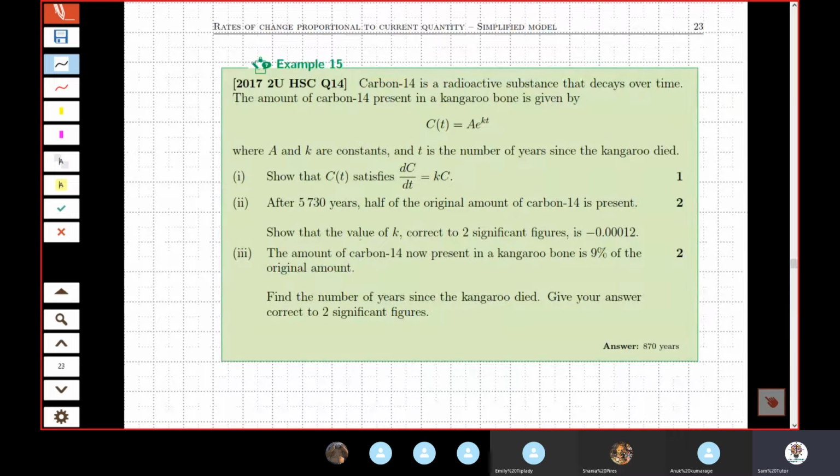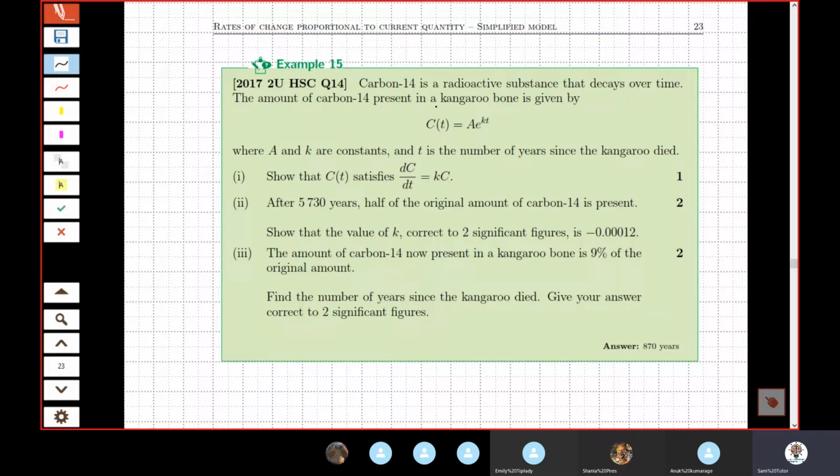Okay, let's read this 2017 HSC question worth 5 marks. Exactly the same. Like I said, don't stress about it too much. Nothing really is changing. Just do it all again. So let's have a read. Carbon-14 is a radioactive substance that decays over time.